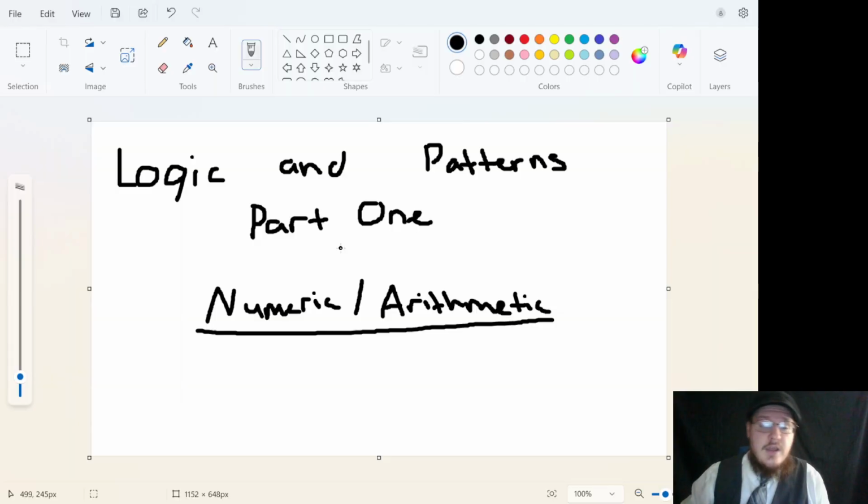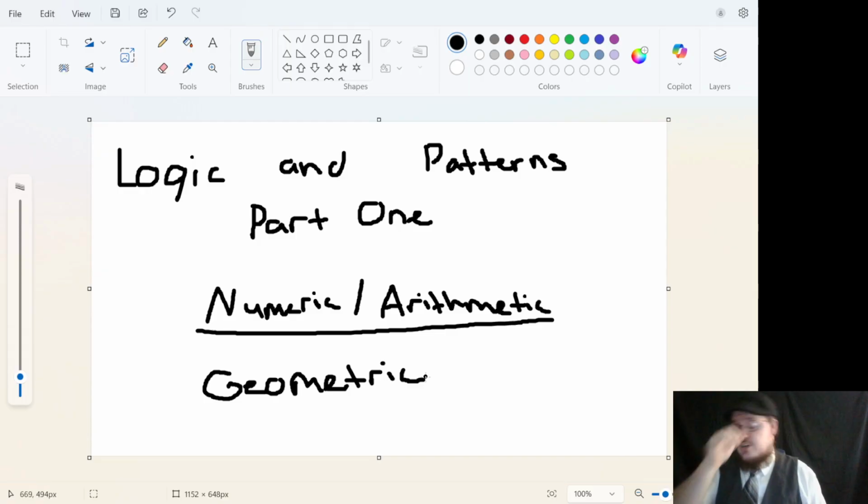Part 2 is going to cover geometric. And geometric is dealing with shapes and objects that have something done to that specific shape or amount of shapes, okay? Whether it is increasing the amount of sides that the shape has or increasing the quantity of the shape that we currently have.